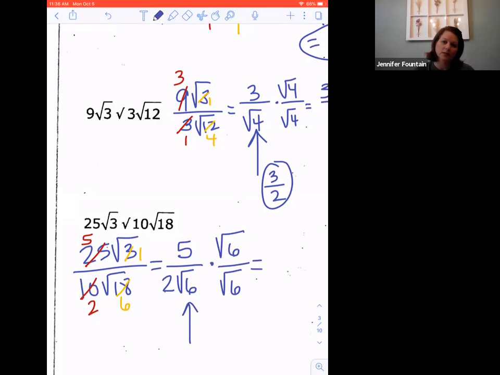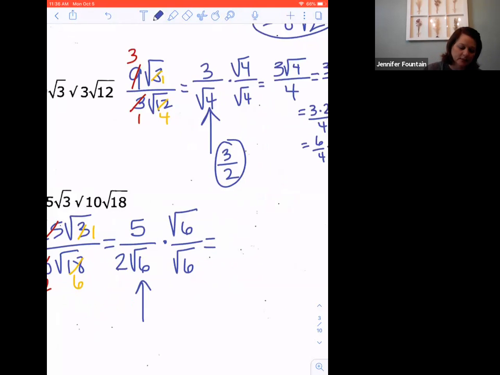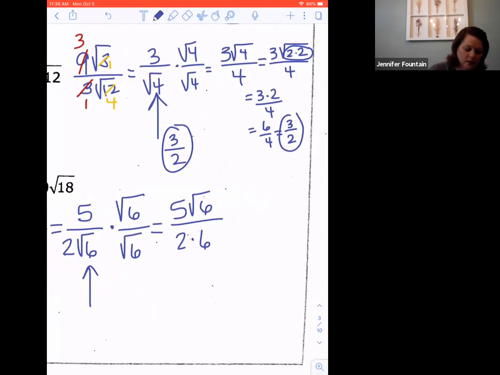Okay, so when I multiply these, I have 5 times the square root of 6 over, I already have that 2, but when I multiply the square root of 6 by the square root of 6, remember it comes out from under the radical as a 6. So 5 times the square root of 6 over 12.